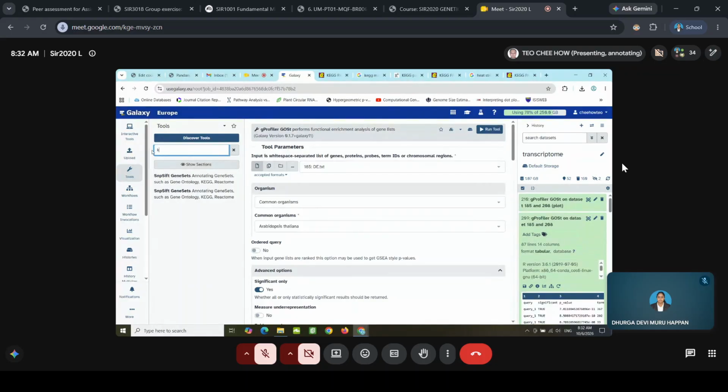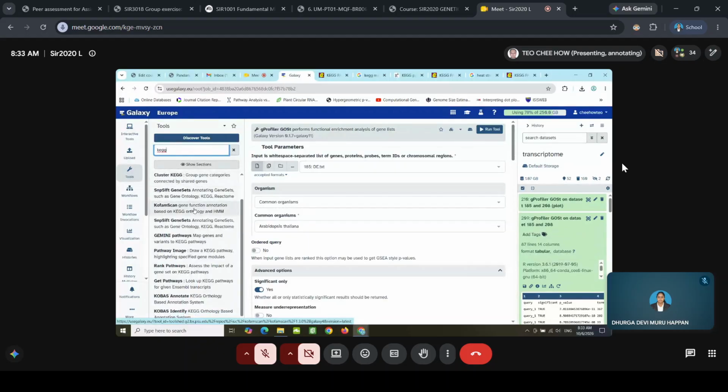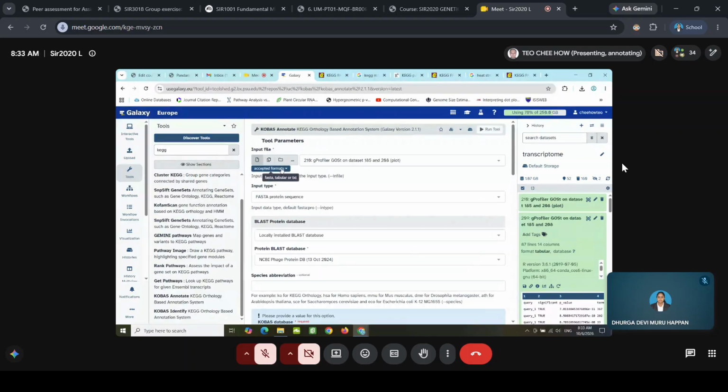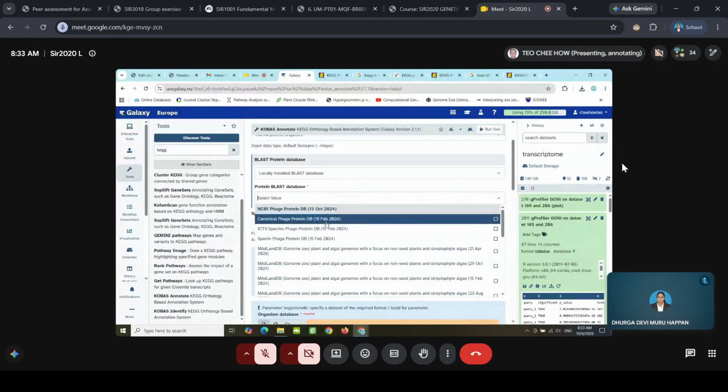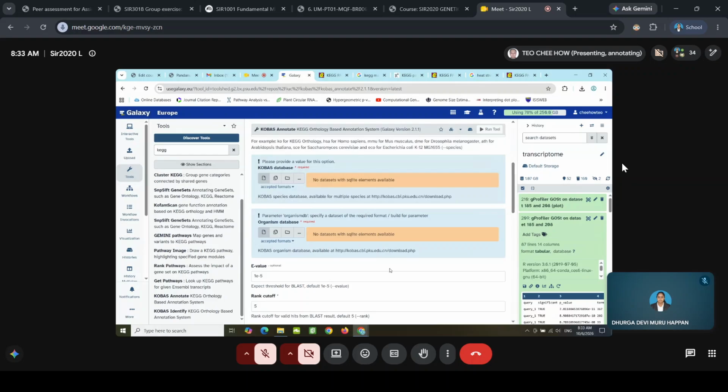Cluster group gene category connect by shared genes. So this is a FASTA file.